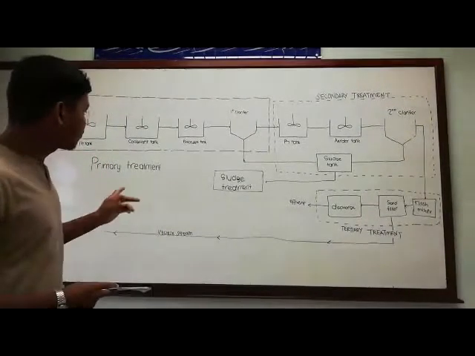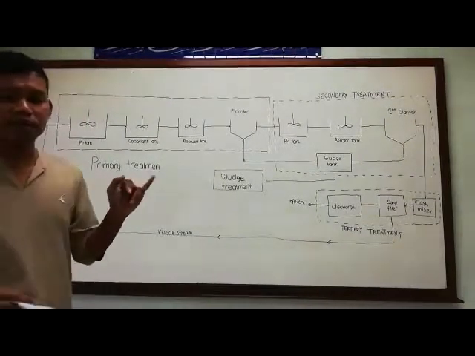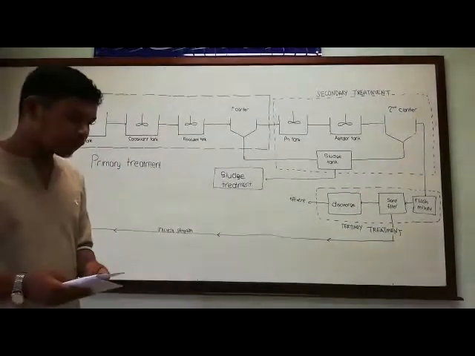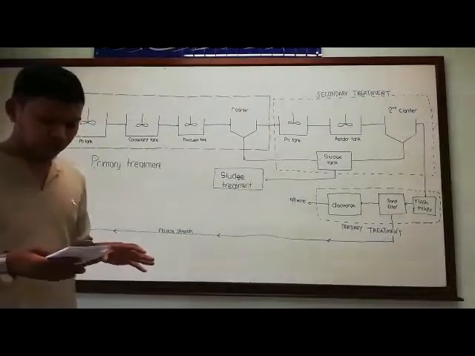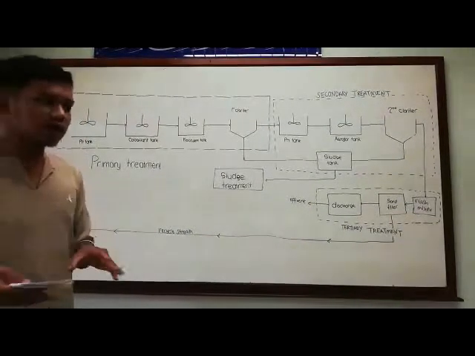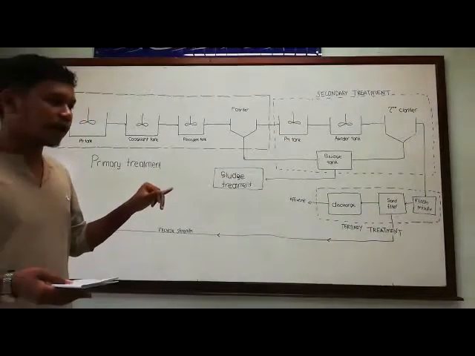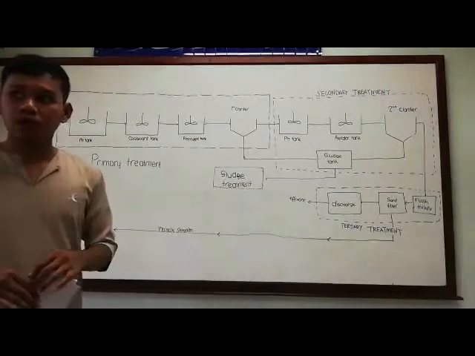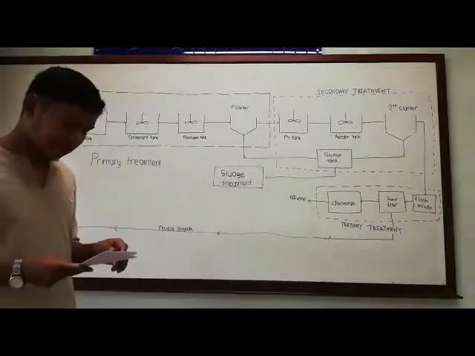Next, after the flocculant tank, the last step in the primary treatment is the first clarifier. In the first clarifier, the settling process takes place due to the detention time of the first clarifier itself, which is estimated to be around 5 minutes.